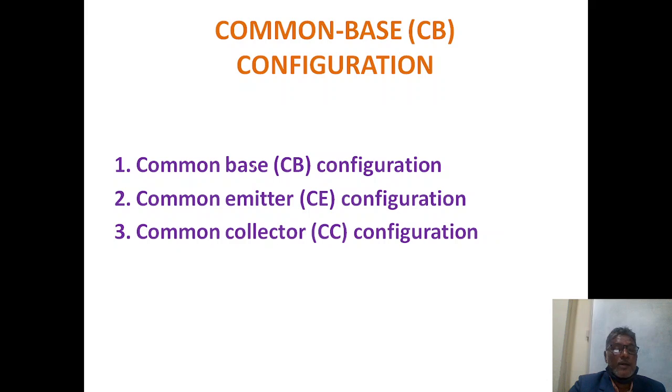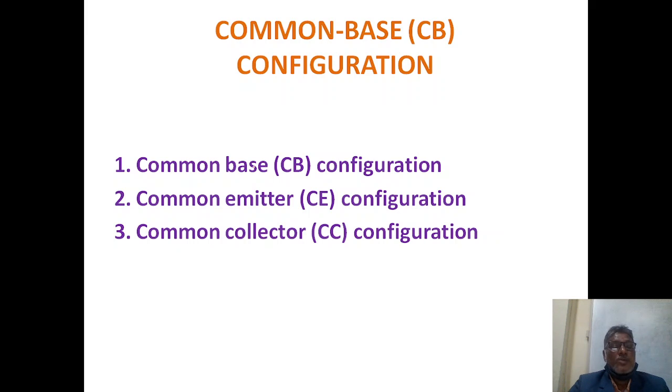Again, I am repeating the three methods: common base configuration or connection, abbreviated as CB configuration or connection; common emitter configuration, abbreviated as CE configuration or connection; and third method, common collector configuration, or what you call a CC configuration or connection.